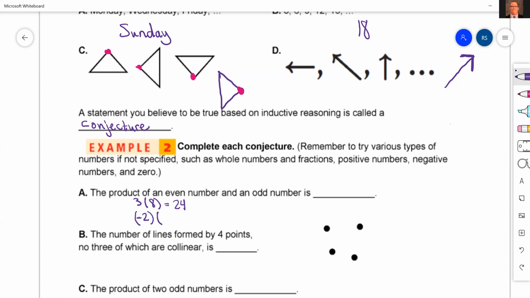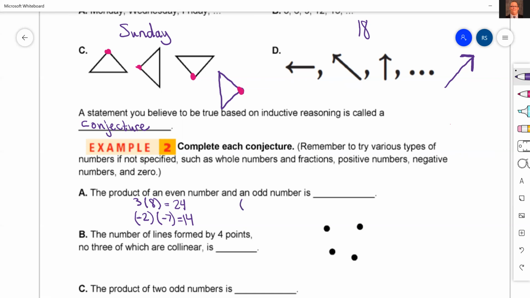That's an even number, times -7. Going to give us 14. So I've done both positives, both negatives. Oh wait, I've done 2 negatives, sorry. Let's do 1 positive, 1 negative.